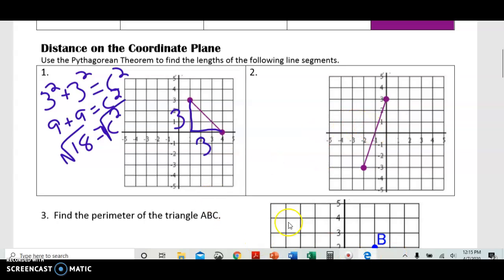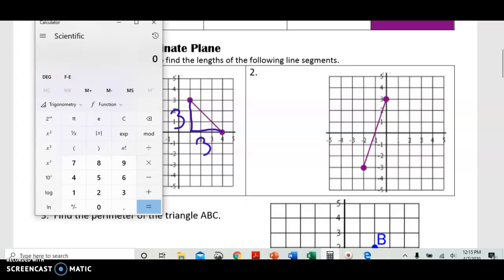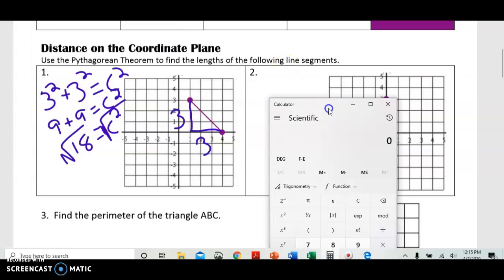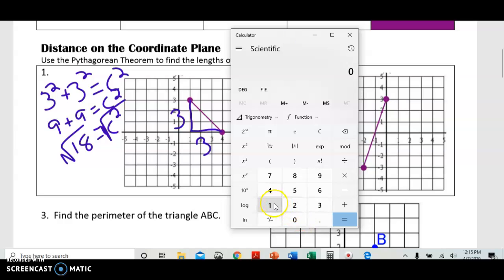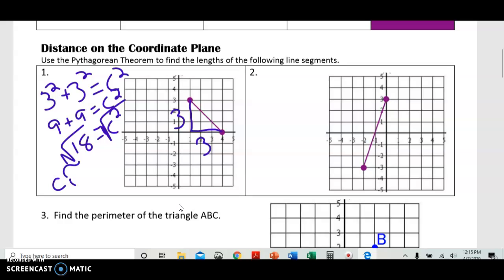We can pull up our calculator here. And the square root of 18 is going to give us approximately 4.24. So c is approximately 4.24. Not too shabby, right?